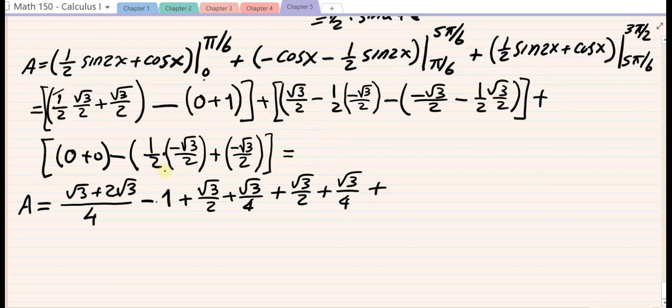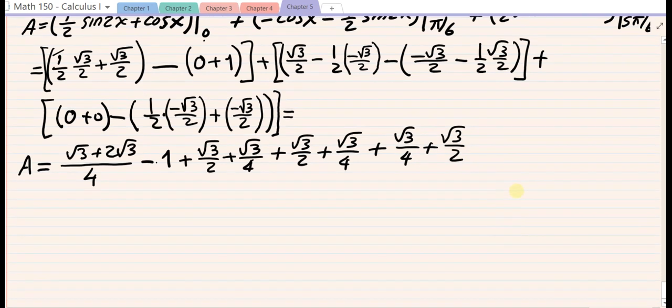You go positive root 3 over 4, right? Positive root 3 over 4. And negative times that makes it also positive. Closing parentheses and brackets. Okay, now I distributed it. So it's going to be plus root 3 over 2. Okay, and that looks good.